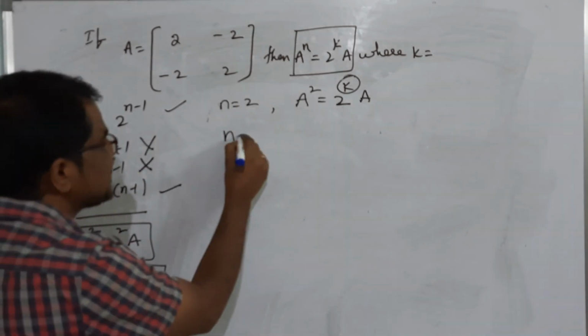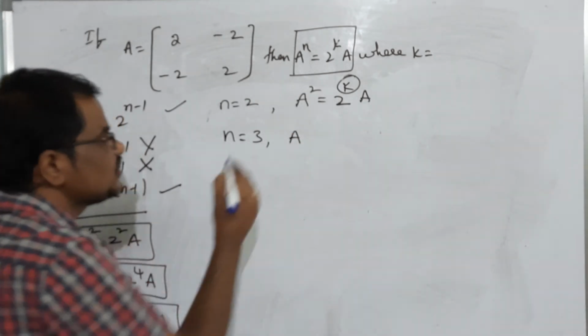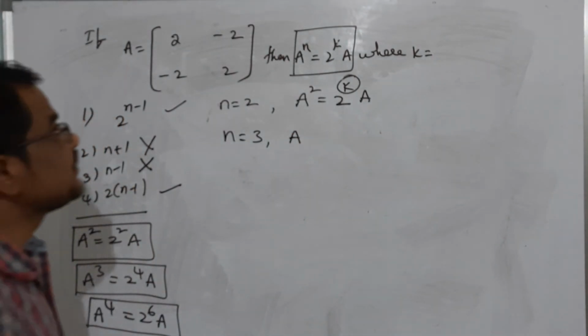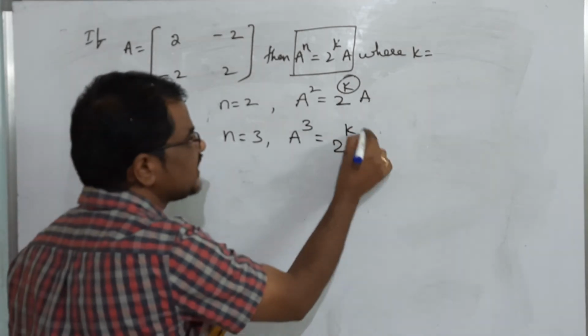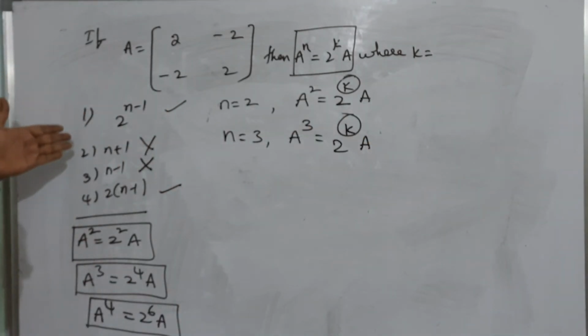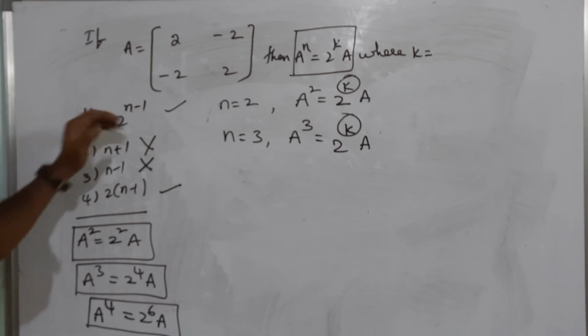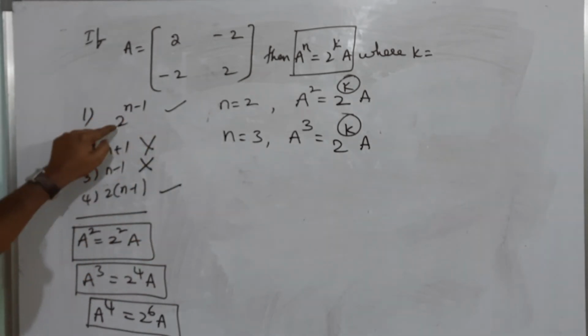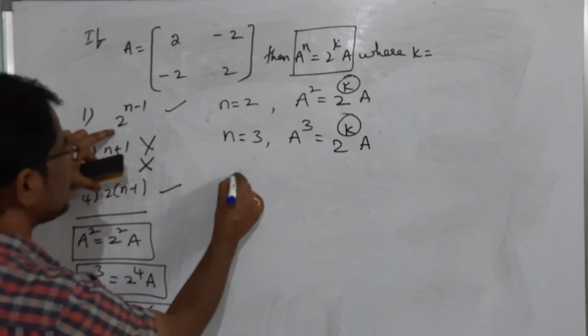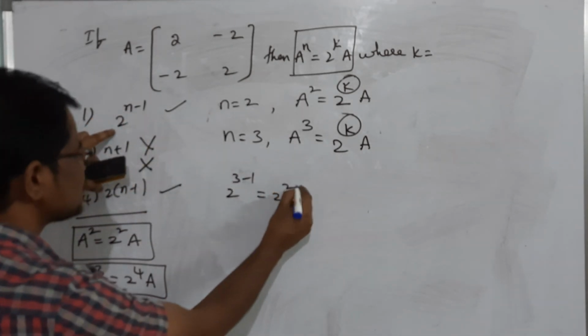Next substitute n equal to 3. N equal to 3 means a cube you will get here. A cube equal to 2 power k into a. Here k asking, k equal to any one of these two only. No need to check these two because already it fails for n equal to 2. So n equal to 3. 2 to the power of 3 minus 1, that is equal to 2 square.